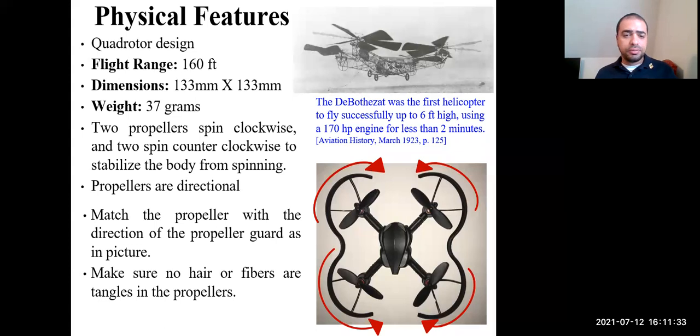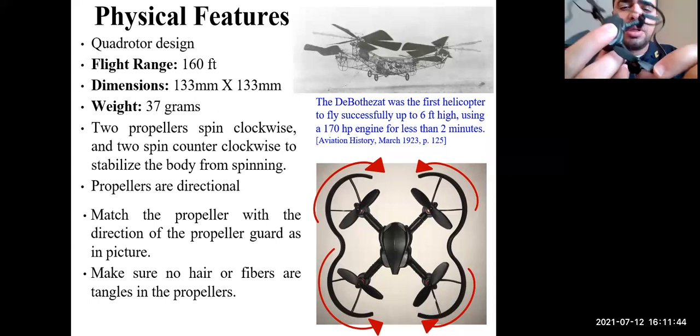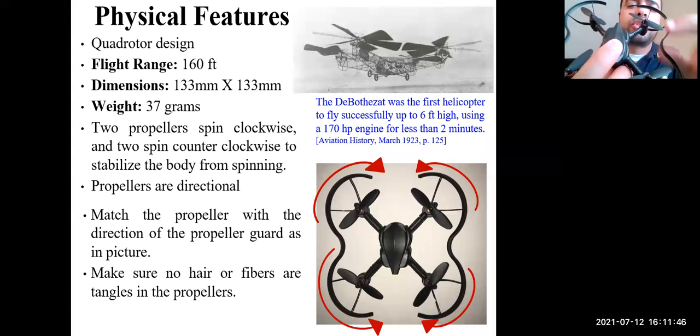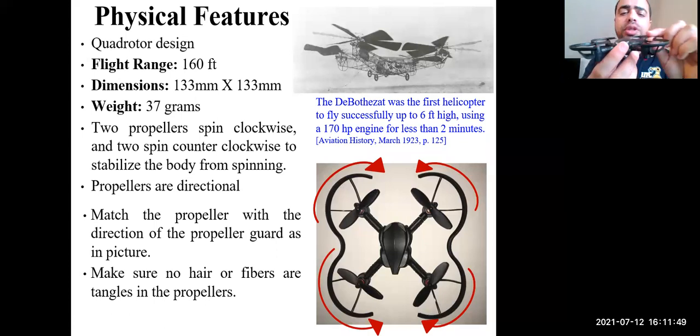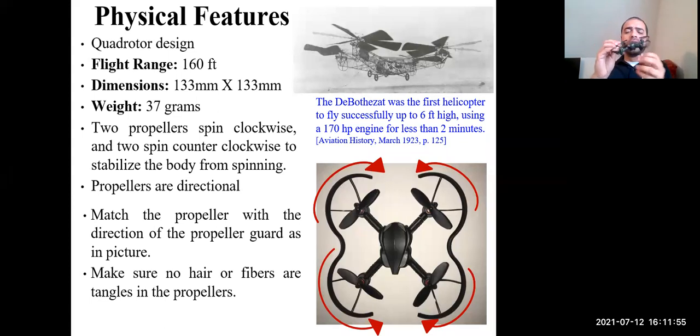So now let's look at the propellers. The propellers here are directional propellers. In other words, if you look at the propellers carefully, you will see that these are not the same shape. There's a reason for that, which is stability, of course. This propeller here has to rotate in the clockwise direction.